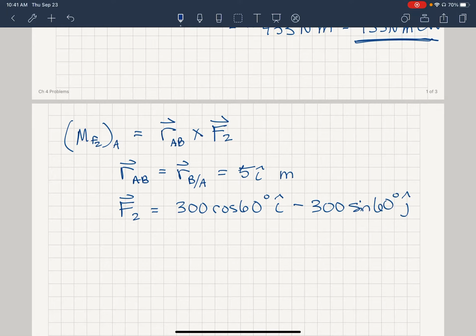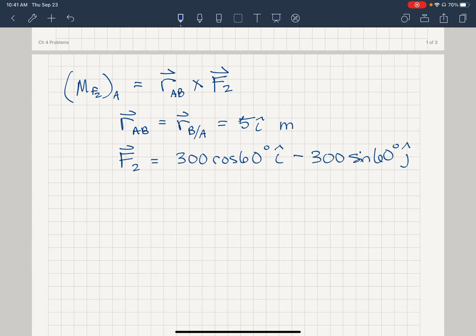So now we have R, or the position vector, and the force in Cartesian coordinates. So now we can do it one of two ways, and I'll show you both ways just so you know it. So one way we could do it is just take each of the components.